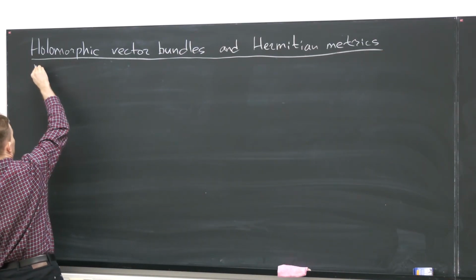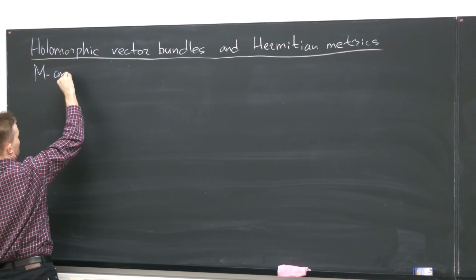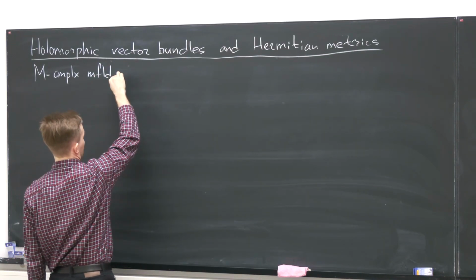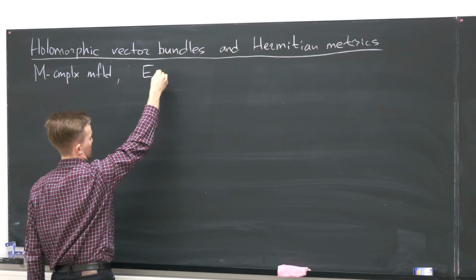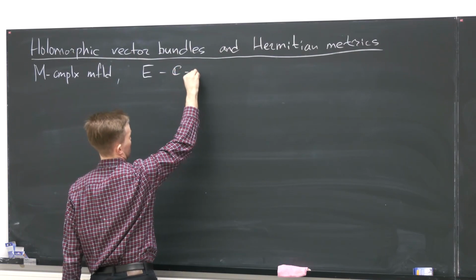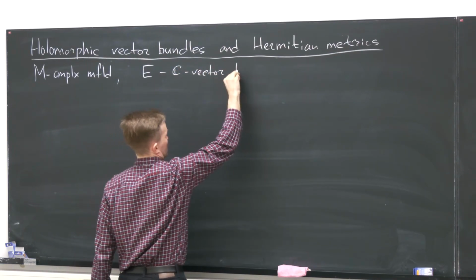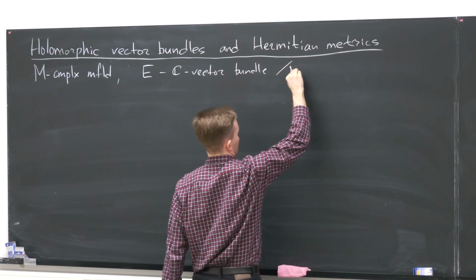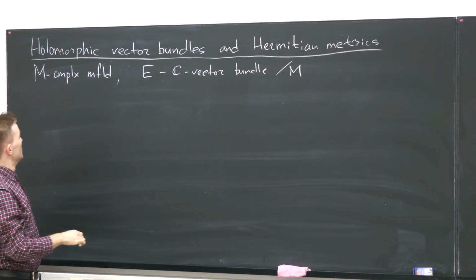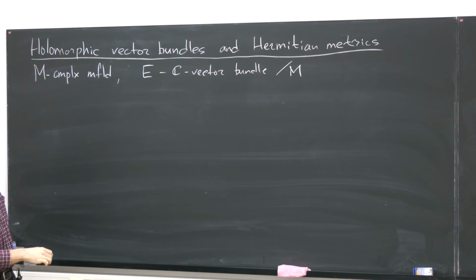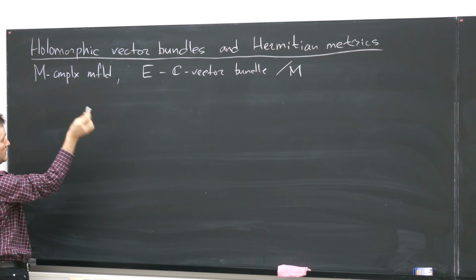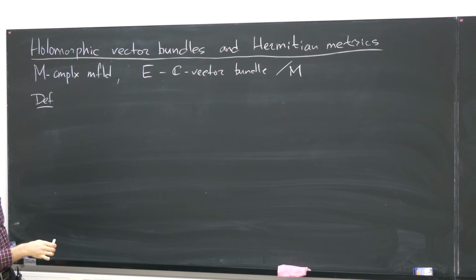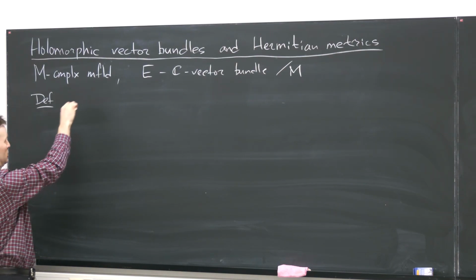So if we have a complex manifold, we consider a C infinity vector bundle over it. And I have recalled the definition at one of the previous lectures, but probably I didn't spell out explicitly what it means for a vector bundle to be holomorphic.